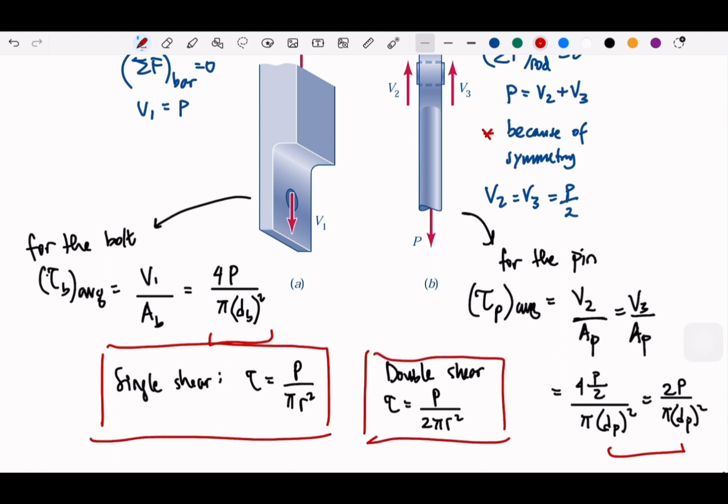If you want to use the diameter, you could see that it is going to be 4P over pi d squared for single shear, or for the double shear 2P over pi d squared.